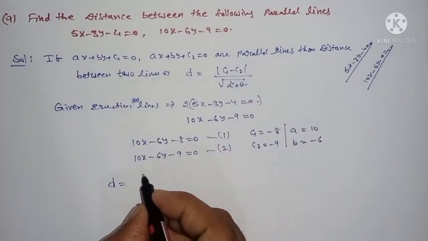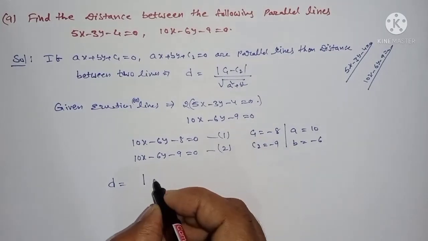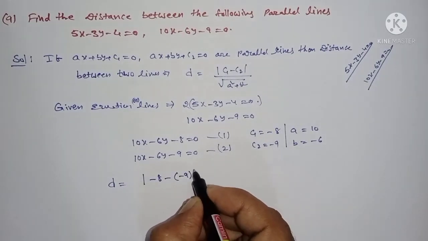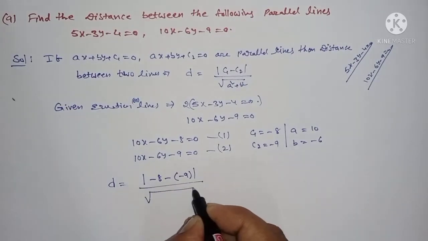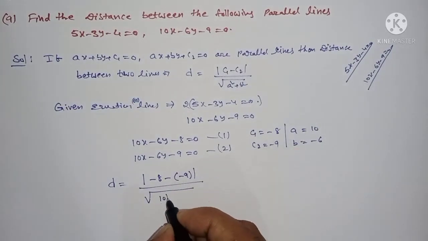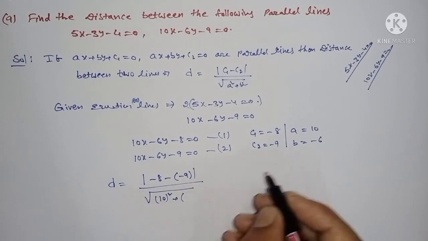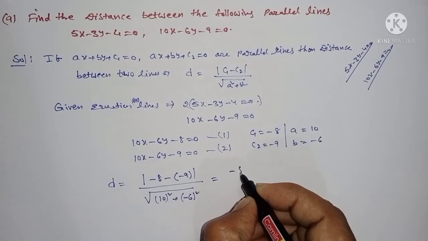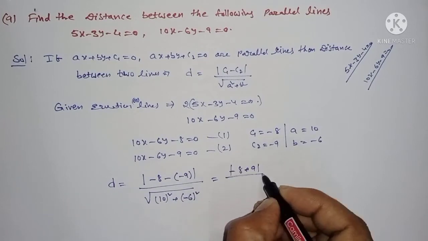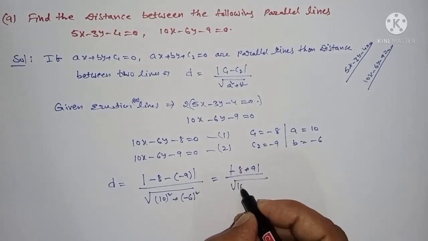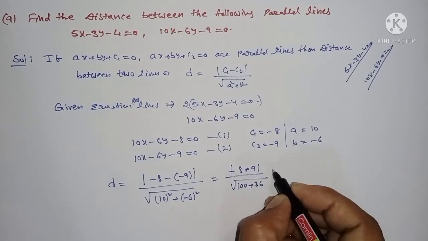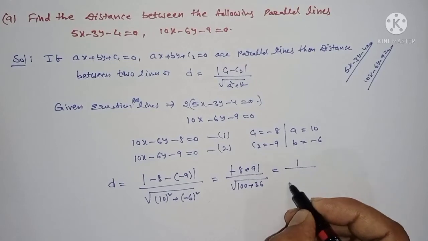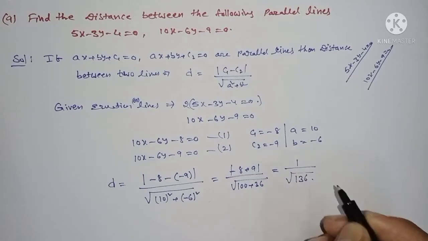Apply the formula here: mod of minus 8 plus 9 divided by the square root of 10 square plus minus 6 whole square, that is minus 8 plus 9 by the square root of 100 plus 36. Therefore, minus 8 plus 9 is nothing but 1 by the square root of 136.